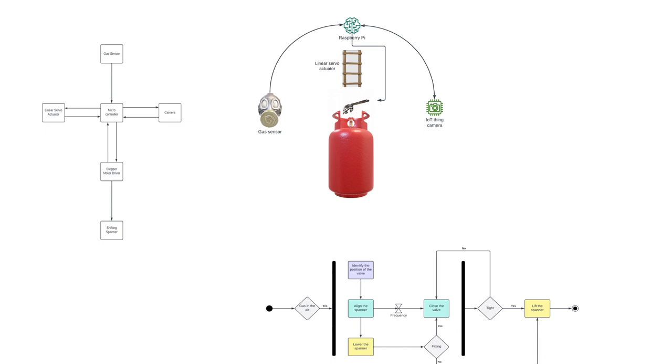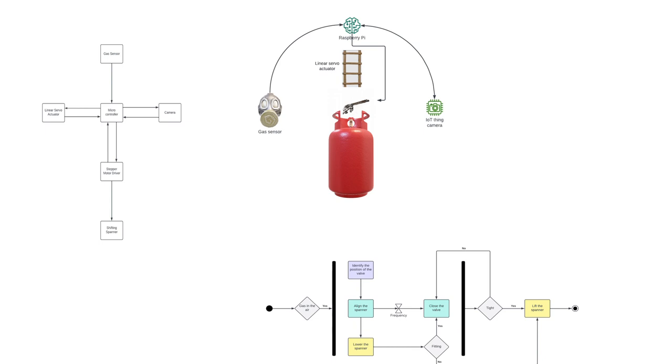After detecting the leak, it must send the message to the Raspberry Pi, where there will be a software program. It will notify the code, and the code will activate the camera, which needs to align the shifting spanner or wrench, making sure it's positioned on top of the valve of the cylinder.